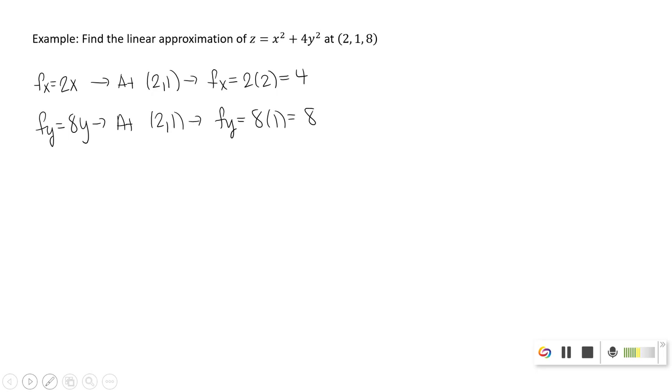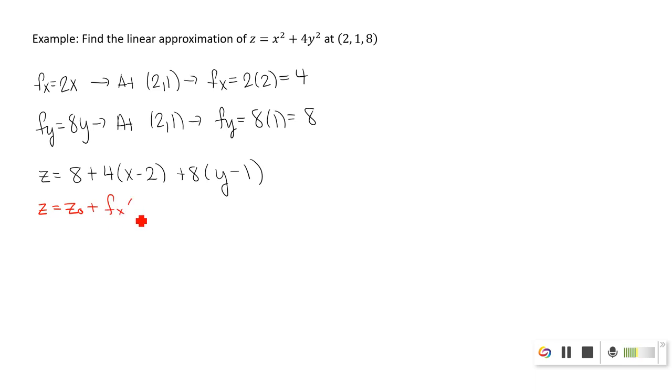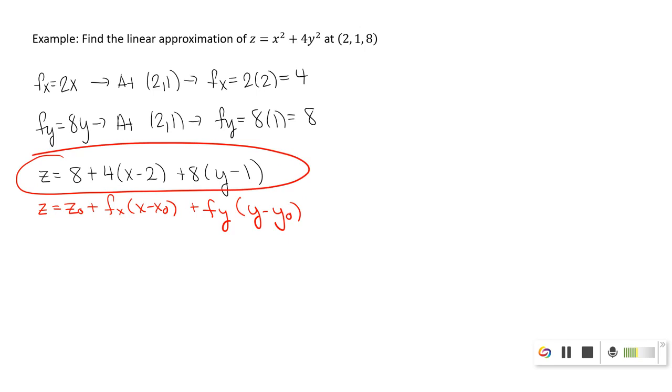If I plug in y equals 1, so at the given point, y equals 1, I get 8. And so using that formula, so again, the formula was z equals z naught plus f sub x times x minus x naught plus f sub y times y minus y naught. I get the equation of my tangent plane.